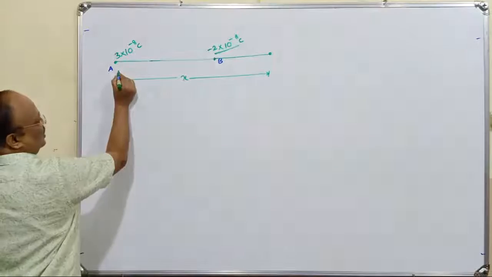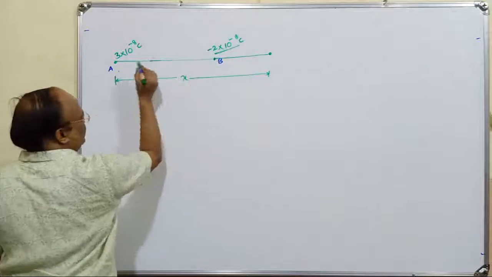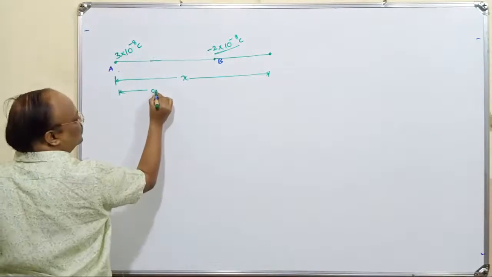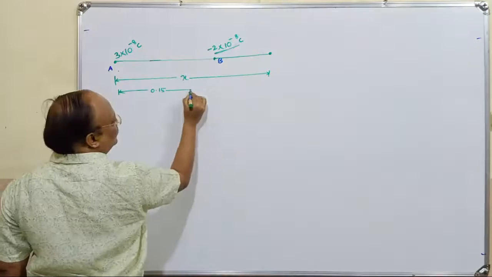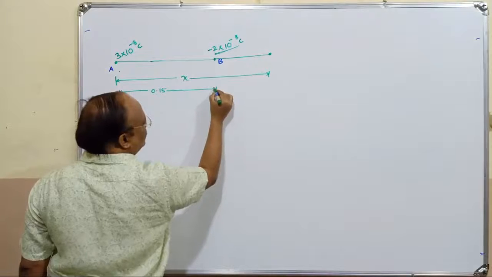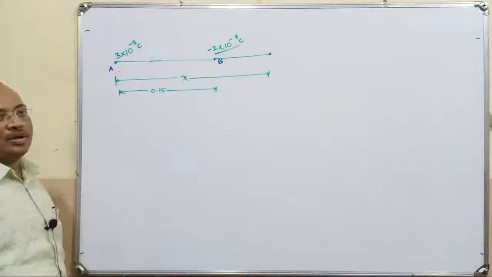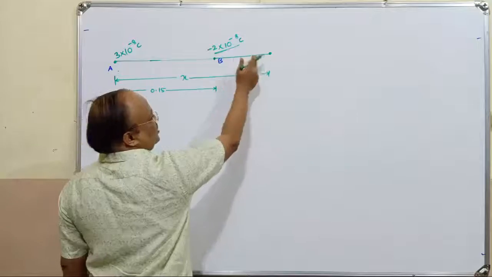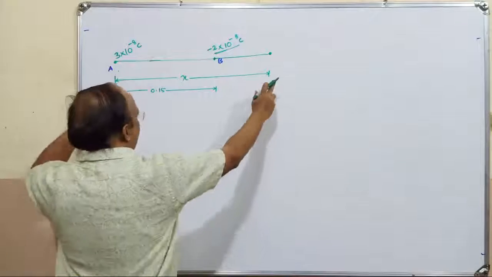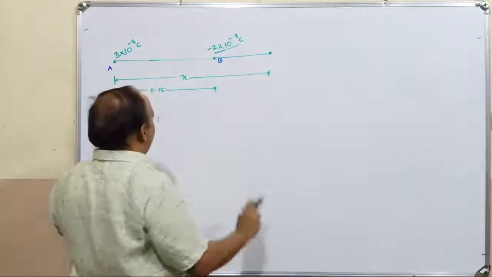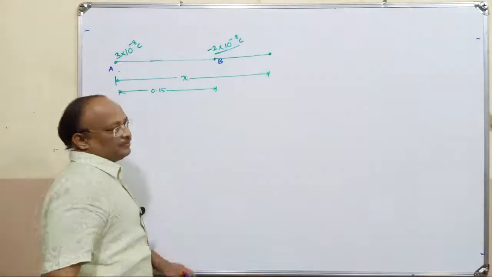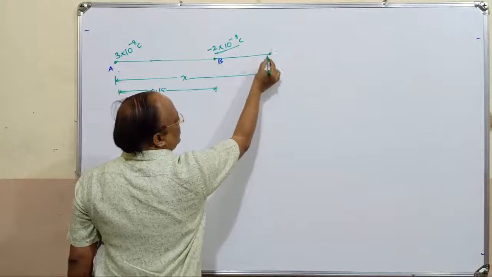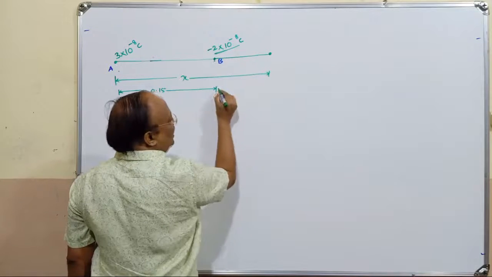And you know the value from A to B is 0.15. Then what is the distance from here to here? If total is x and this is 0.15, how far is it from B?